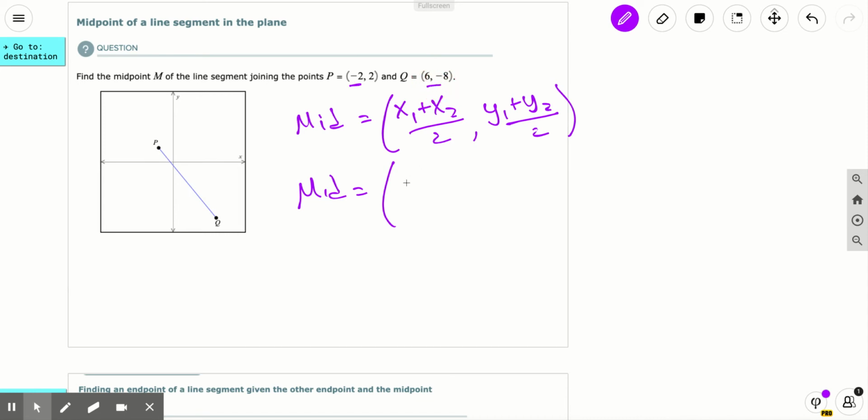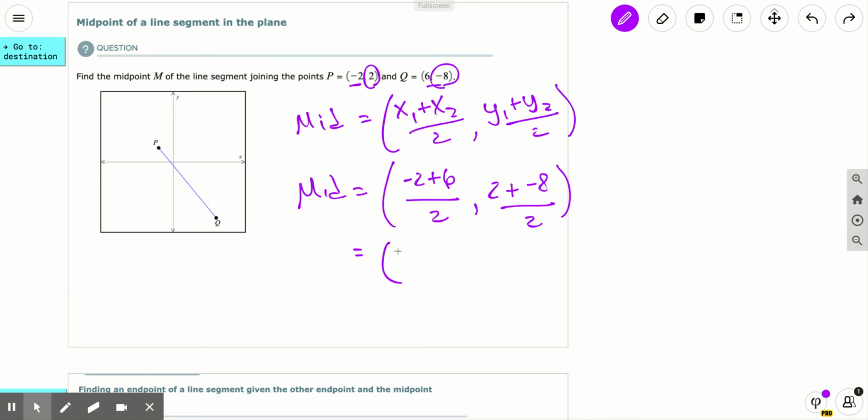x1, x2. -2 plus 6 over 2. y1 by 2. This is negative, oh, it's not -4, it's +4.